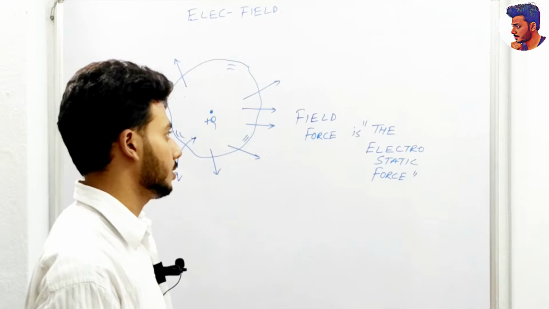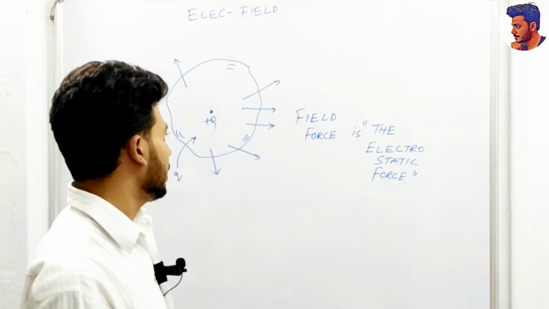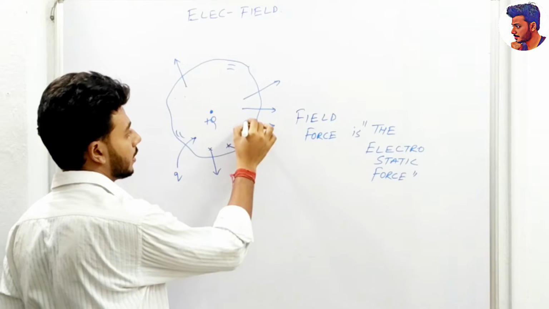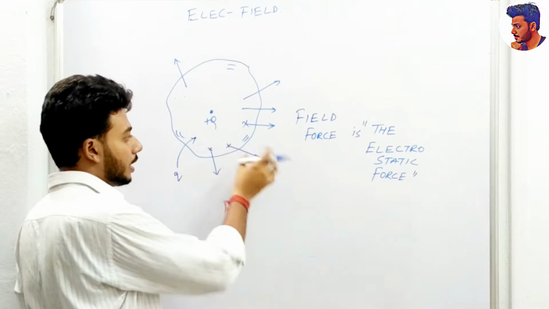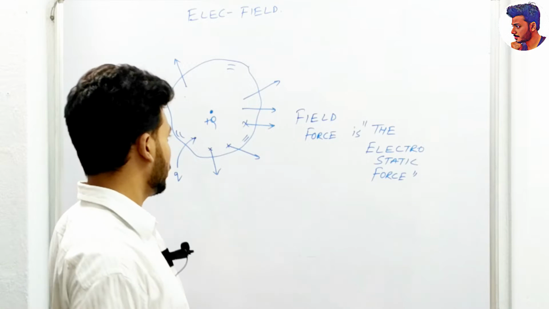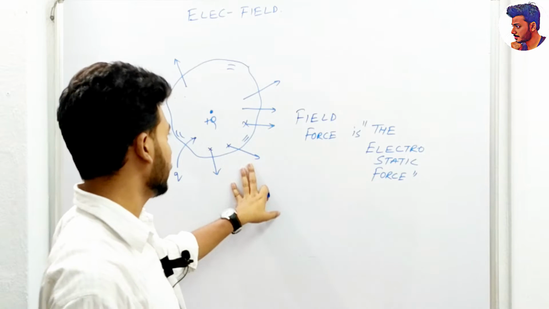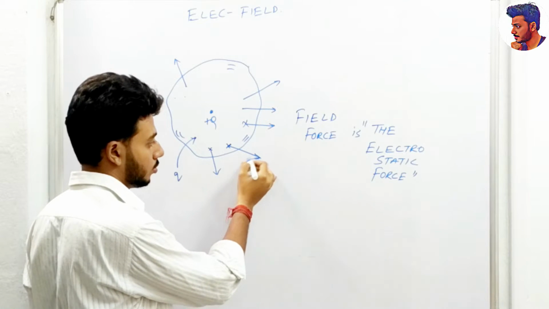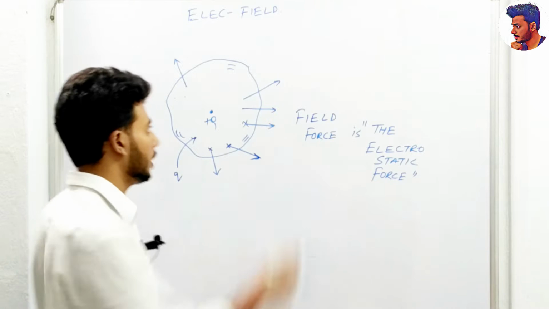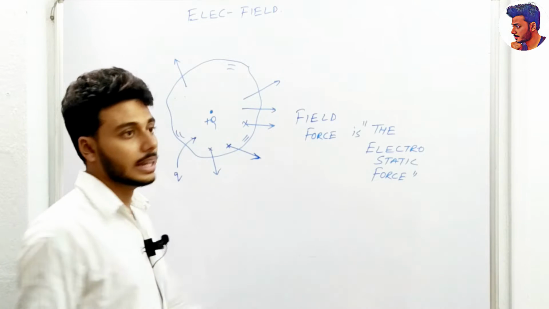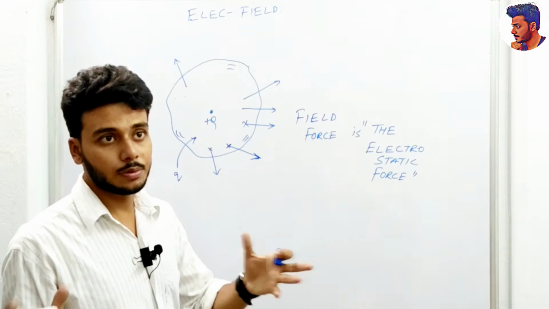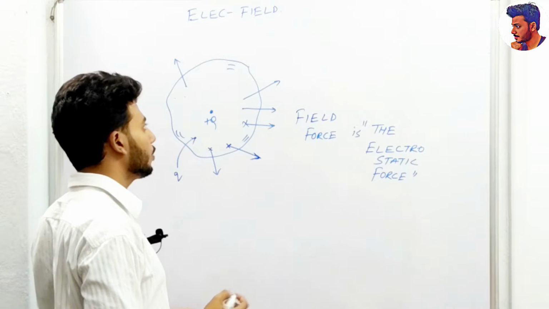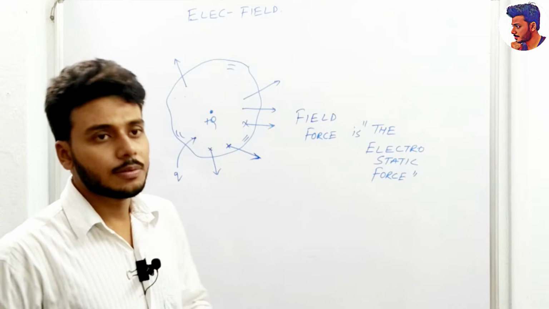So the next question is, as we have understood that every point in the electric field will experience some kind of force. As we know, force is a vector quantity, so at every point the magnitude and direction change. So in every point in the field, there are different values of forces.